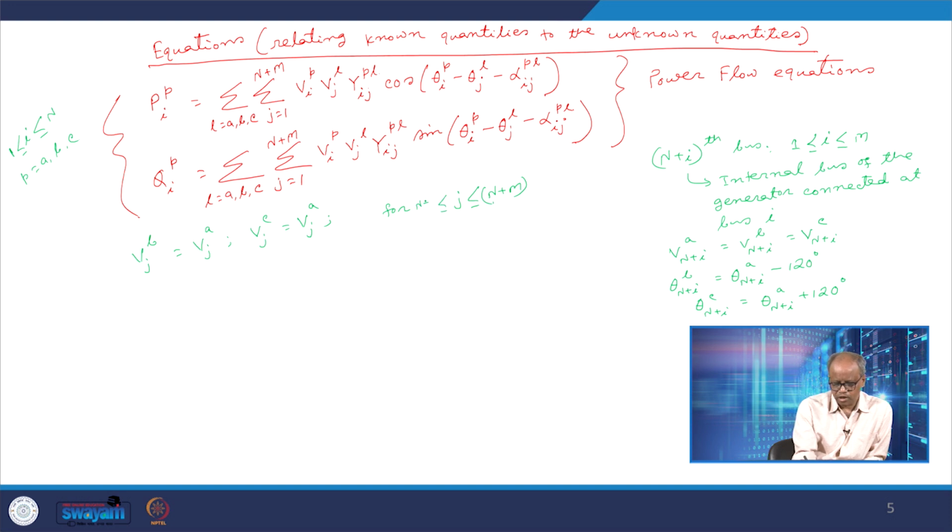Similarly theta JB is equal to theta JA minus 120 degree, and theta JC is equal to theta JA plus 120 degree, again for J from n plus 1 to n plus m.